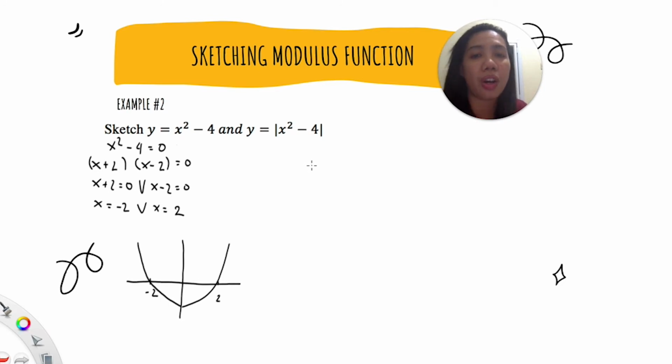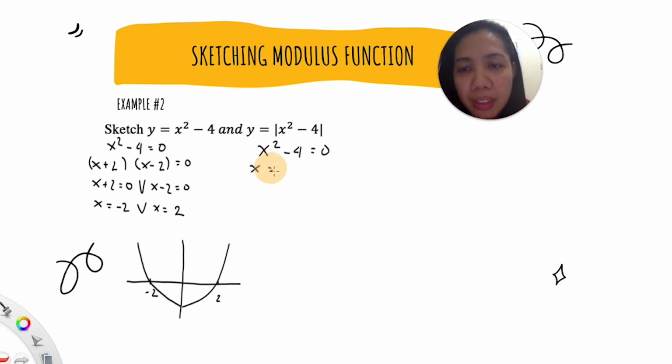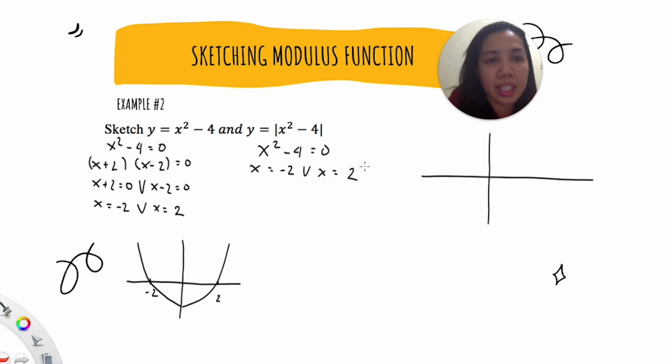The vertex can be obtained from the inside part of the absolute value. So we have x squared minus 4 equals 0, like we have here, so that x equals minus 2 or x equals 2. These are the vertices, minus 2 and 2.